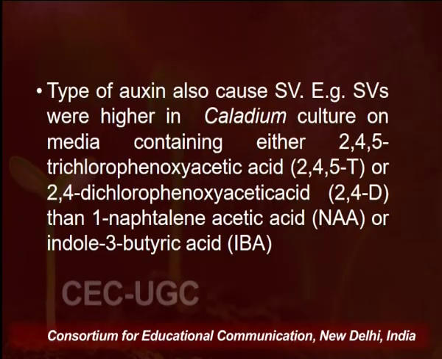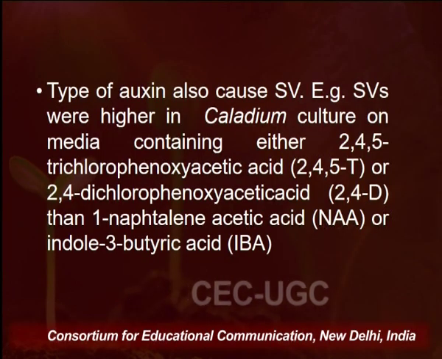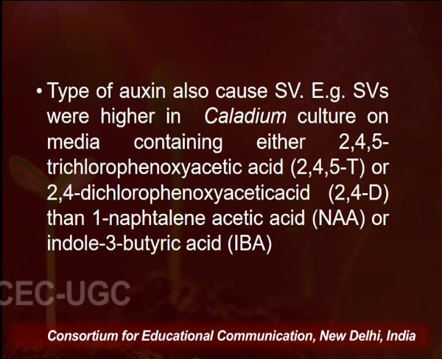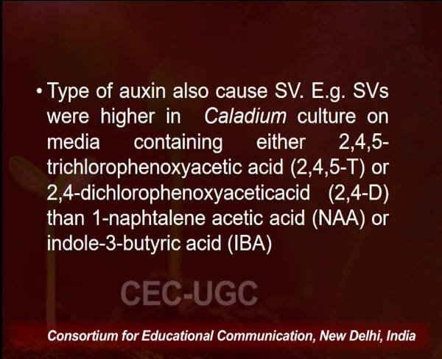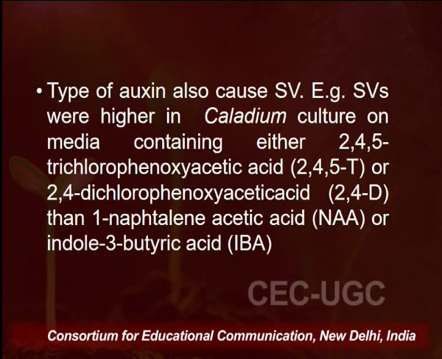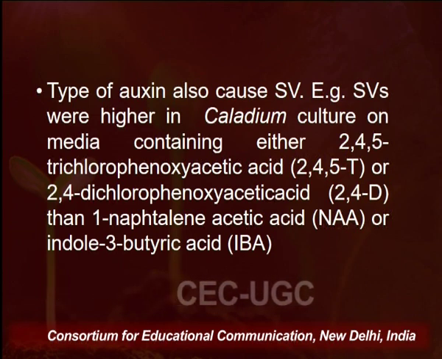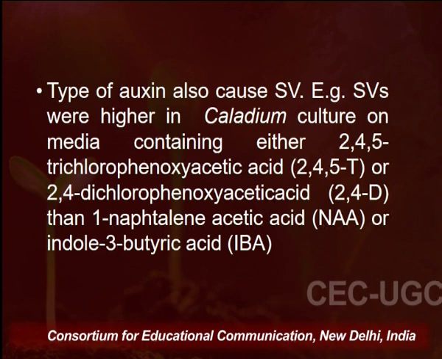Similarly, the type of auxin also causes somaclonal variation. I have taken certain examples: somaclonal variations were higher in caladium culture on a media containing either 2,4,5-trichlorophenoxyacetic acid or 2,4-dichlorophenoxyacetic acid than when that culture was grown on 1-naphthalene acetic acid or indole-3-butyric acid.